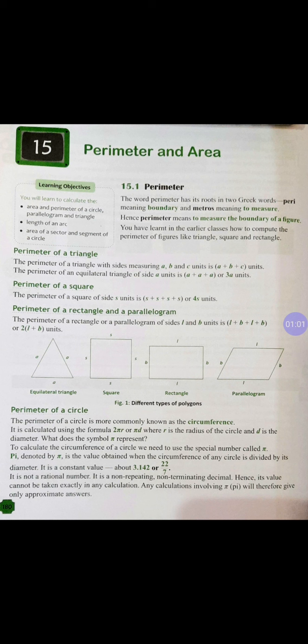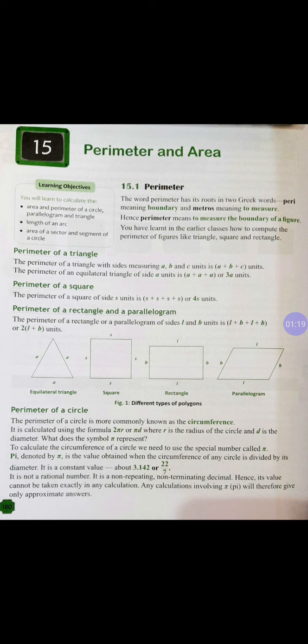In a triangle there are three sides. If the side lengths are a, b and c, then the total distance traveled will be a plus b plus c. So this will be the perimeter of the triangle.